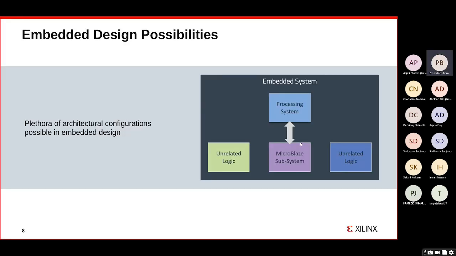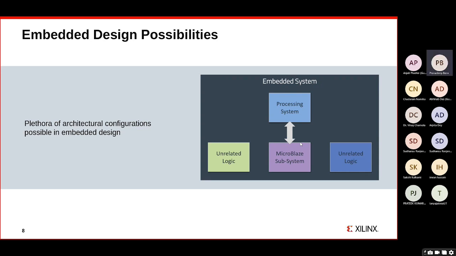Right? So now what are the possibilities? We can see the number of possibilities depends only on your imagination. Why? Because it is not restricted to the architecture of the ARM core. The ARM core architecture can be improved or upgraded with any kind of FPGA logic that we need.